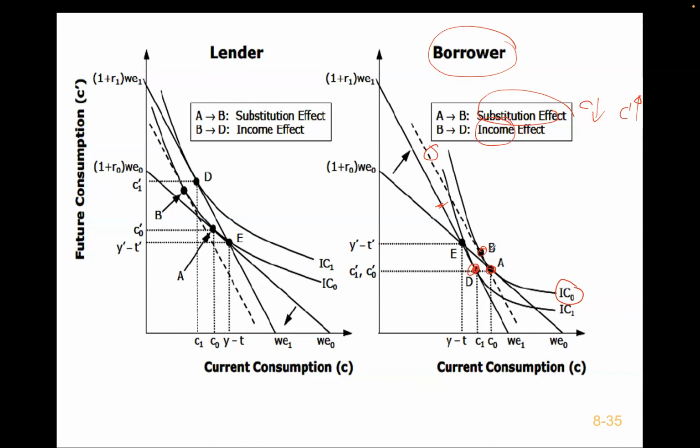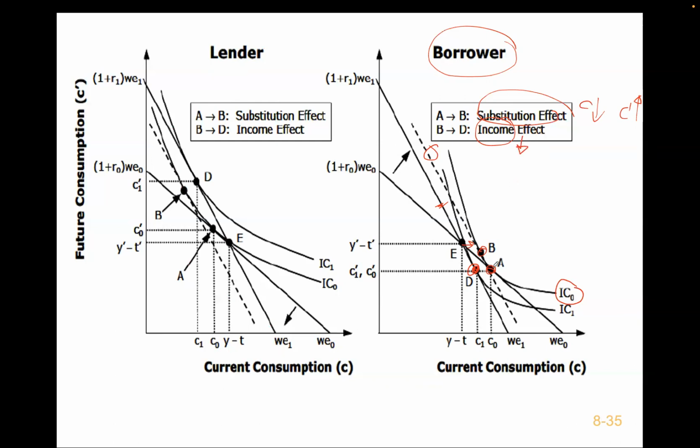From B to D, because this is a borrower, he consumes more than he has endowed. So the borrower has a negative income effect.